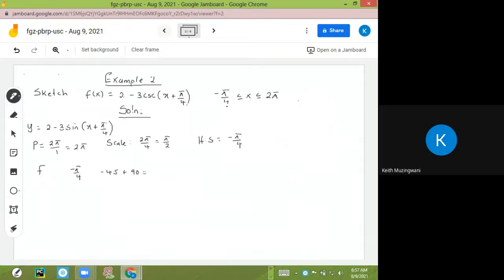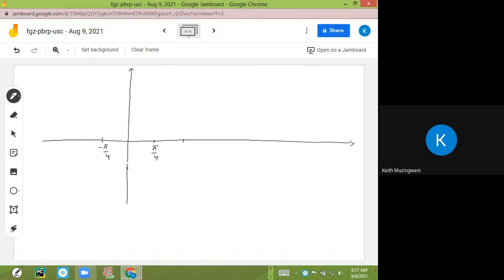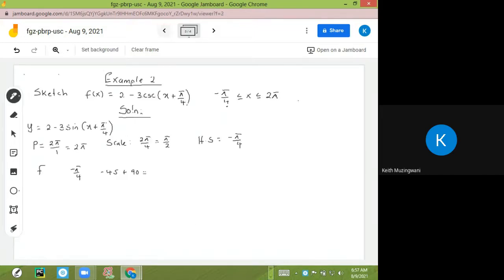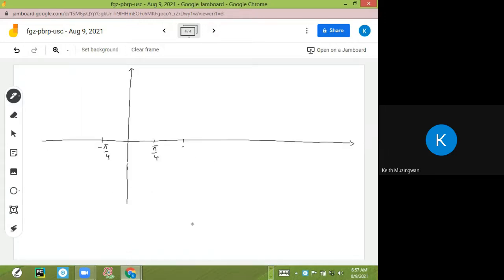So what is 90 plus 45? That's 135. What's 135 in radians? We'll take it in radians. So we're saying pi/4 plus pi/2. It's going to be 4 down, pi plus 2 pi, which is 3 pi/4. So we'll have 3 pi/4.